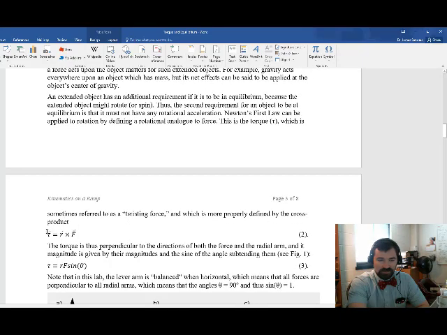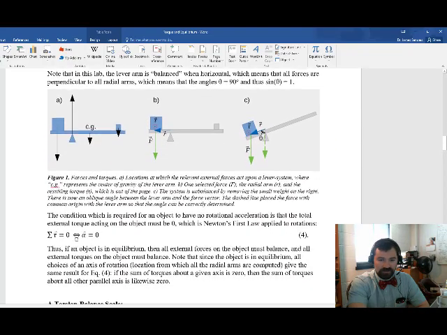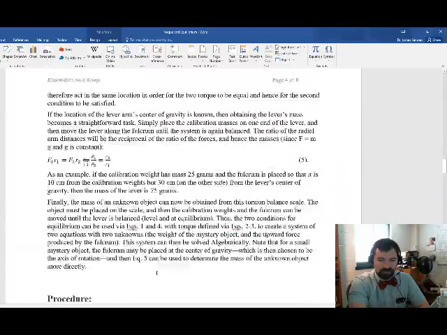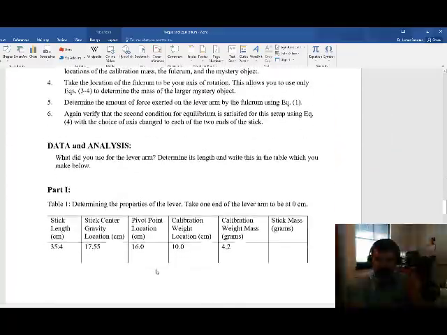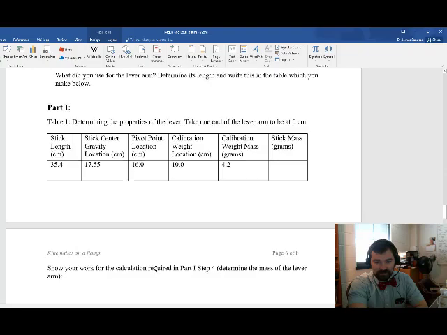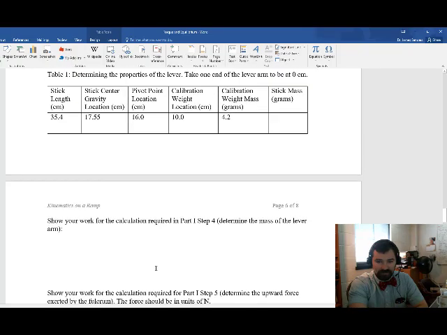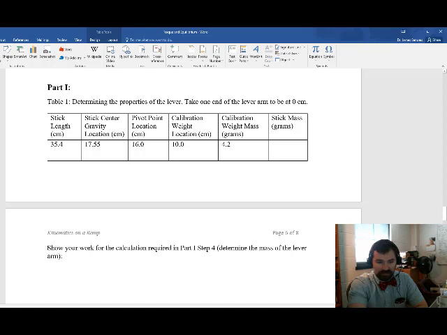You are using tau equals r cross F, which comes to r times F times sine theta, and you want the sum of torques to equal 0. That will satisfy the equilibrium. Okay, so we are basically doing this part right here, the mass of the lever arm, or of the stick.